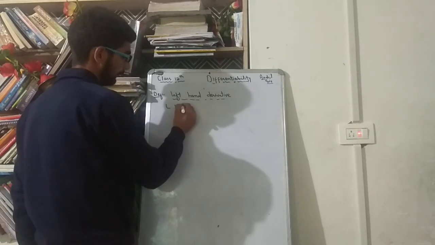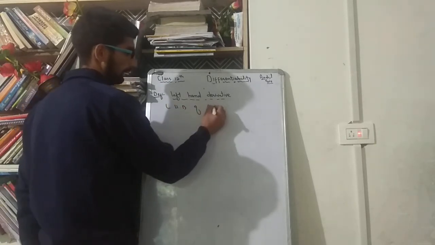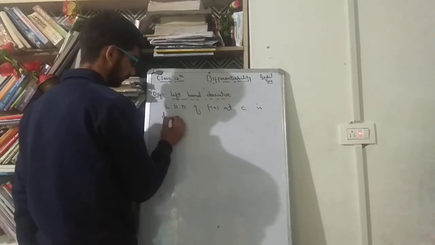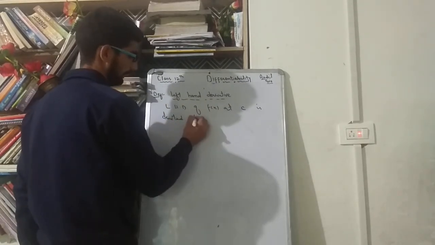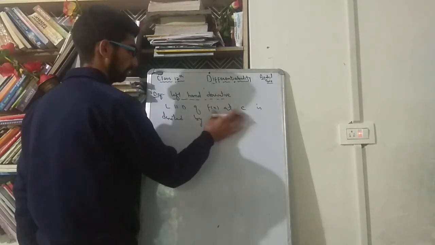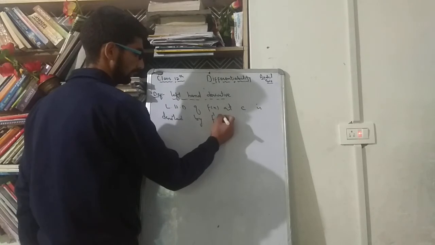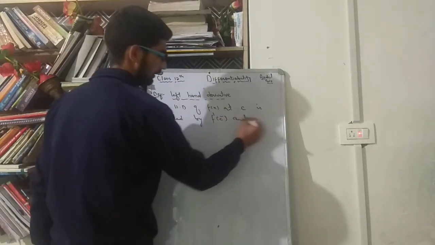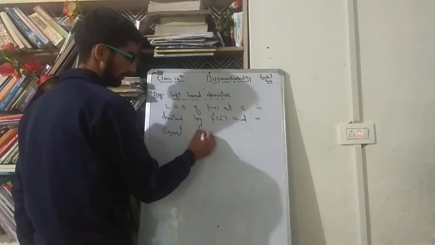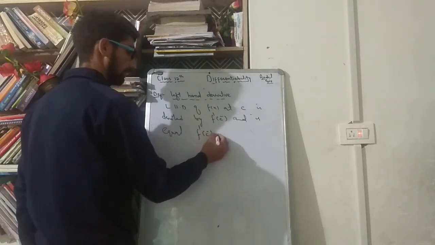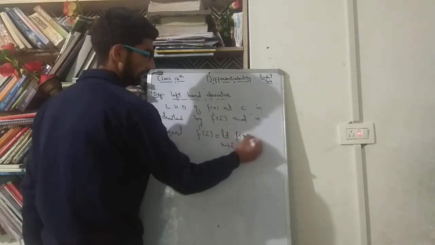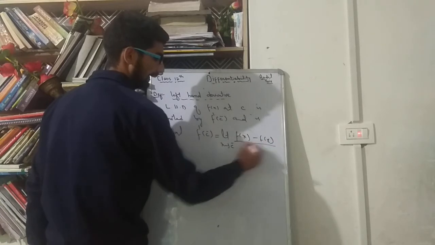The left hand derivative of f(x) at c is denoted by f dash of minus c, and is equal to f dash of c, equal to the limit as x tends to c from the negative side of (f(x) minus f(c)) divided by (x minus c).